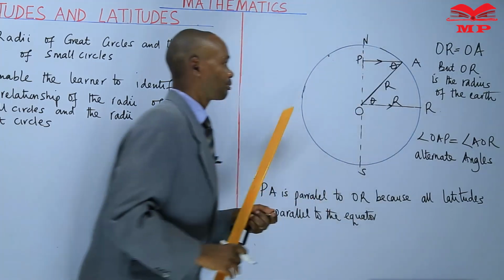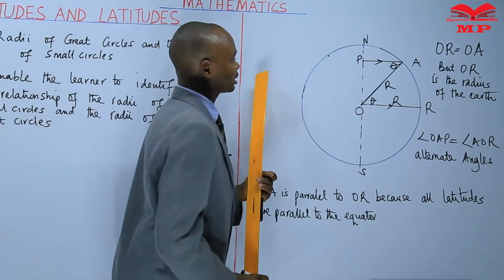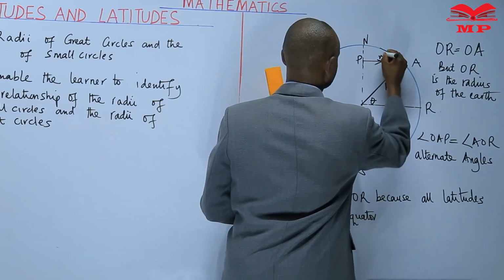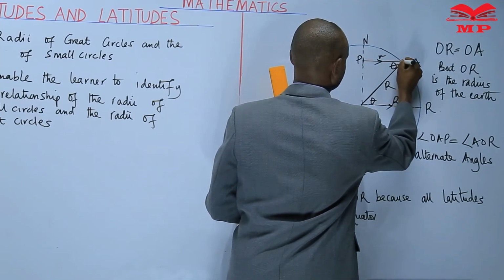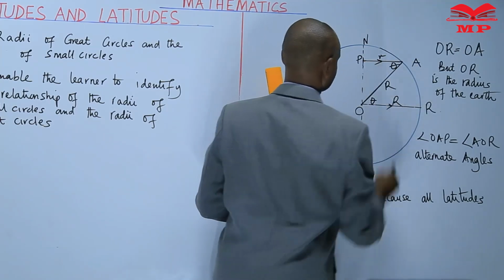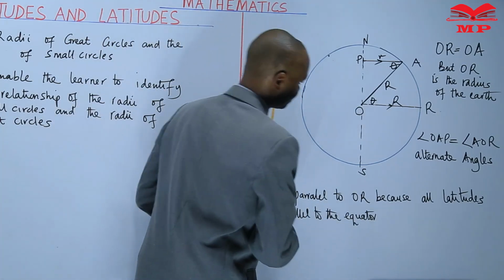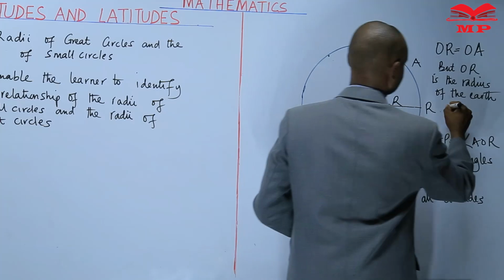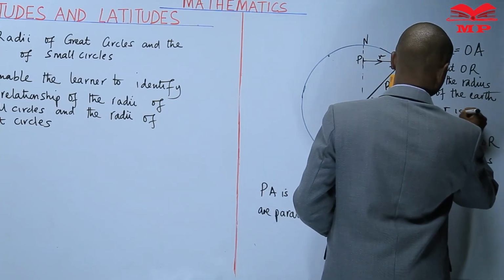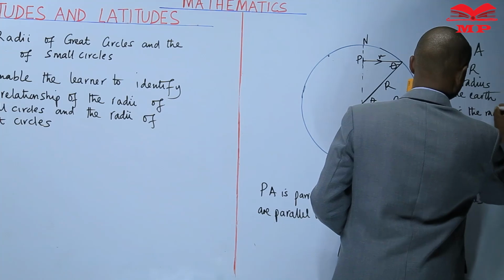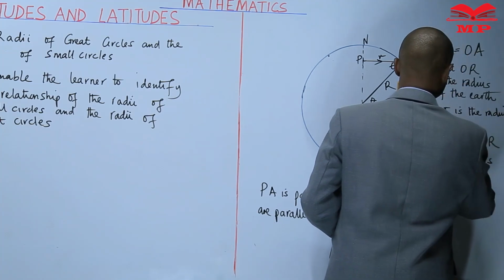They should be equal. So there is a relationship we get there. There is this theta and R, and you'll get R is the radius of the small circle.